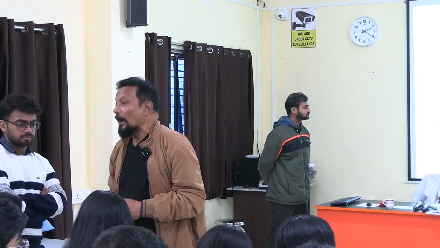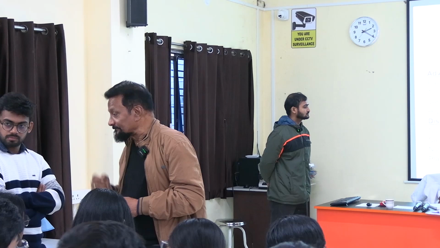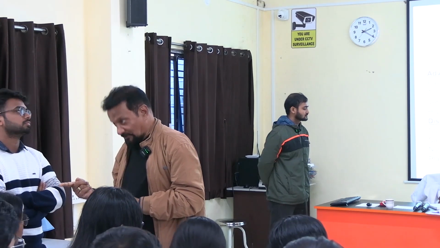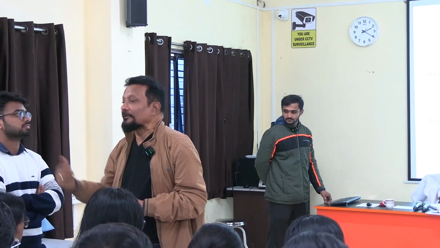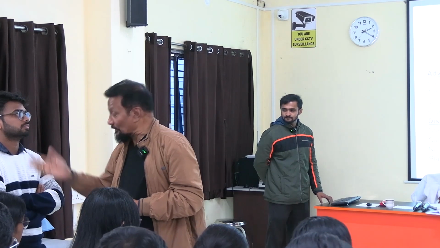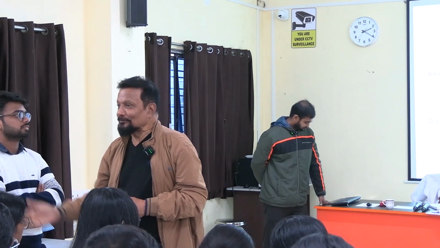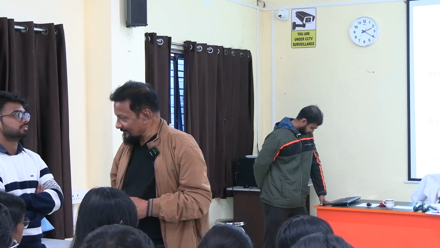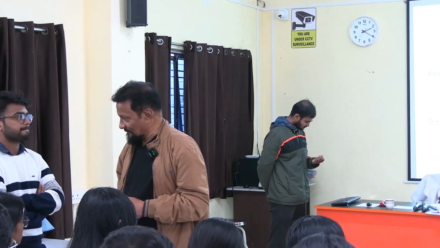In titration in the chemistry laboratory, how many readings did you take? 3 readings, then you take the average. So here also you have to take 2 or 3 readings, then make the average.